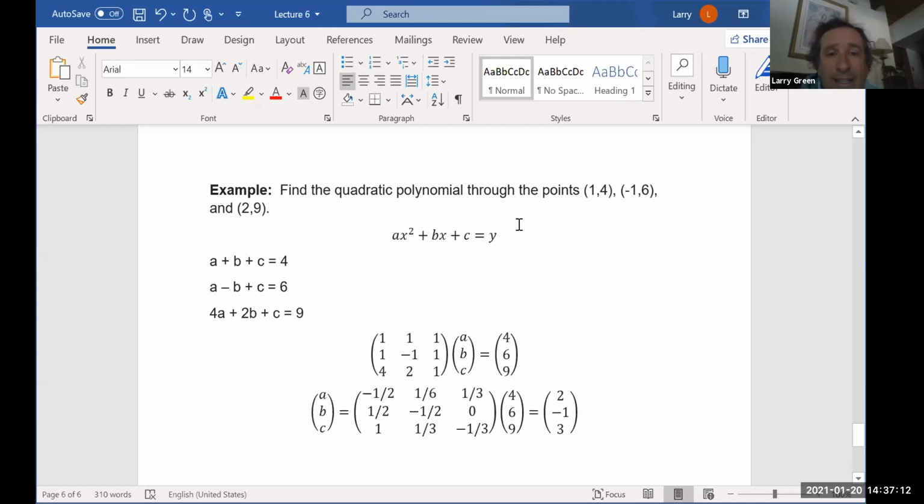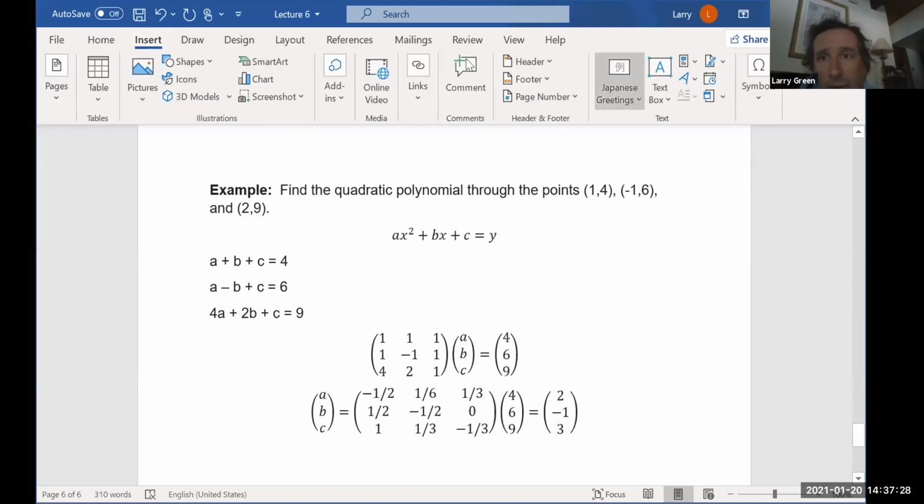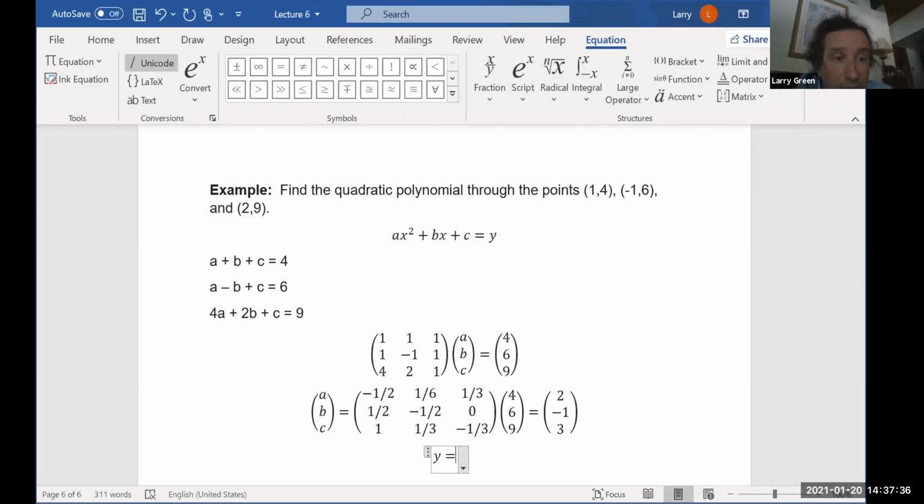So now we go back to the original way of writing the equation, which, remember, y is equal to ax squared plus bx plus c. So now we can say y is equal to 2x squared minus x plus 3.